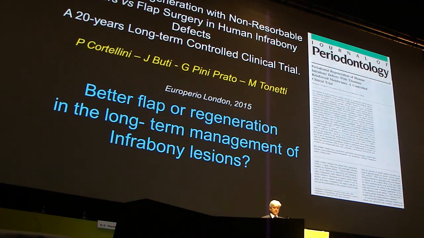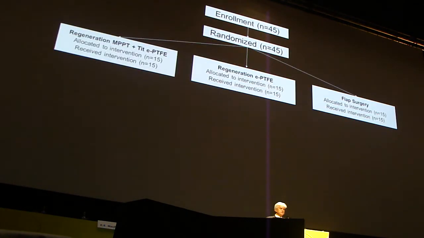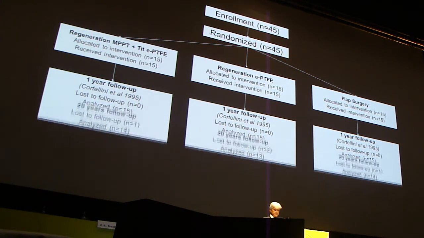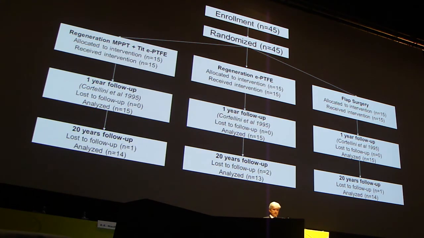In the management of intrabony lesions, here we started with 3 groups that were treated with a modified papilla preservation technique and titanium reinforced barriers, a second group with another regenerative approach based on barriers, and the third group on flap surgery. We had the 1-year follow-up, and it was published in 1995, and this is a 20-year follow-up.